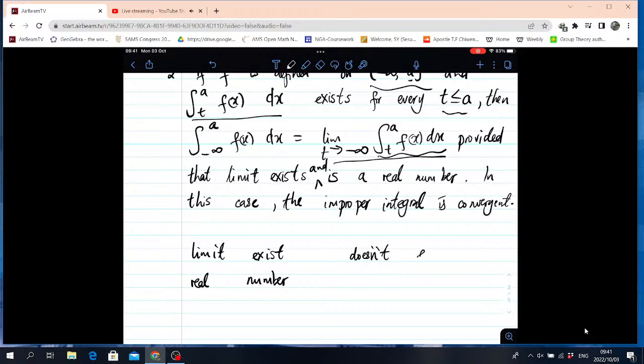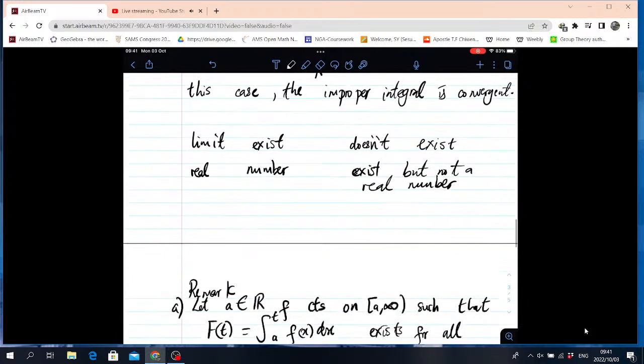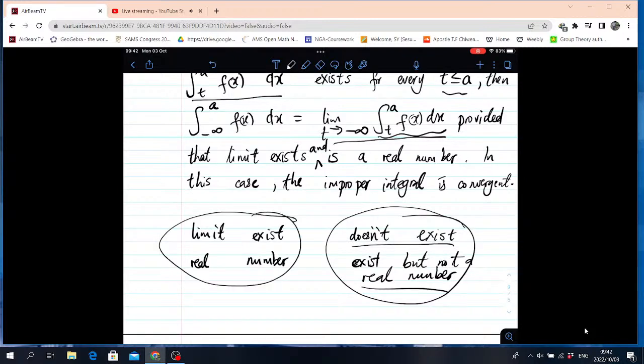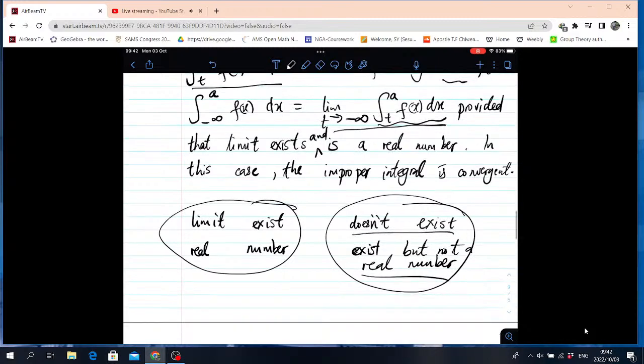Either the limit doesn't exist, or it exists but is not a real number. These are the two possibilities that might happen, and in that case we say the integral is divergent. If the opposite of what we have here happens, then we say the integral is divergent.